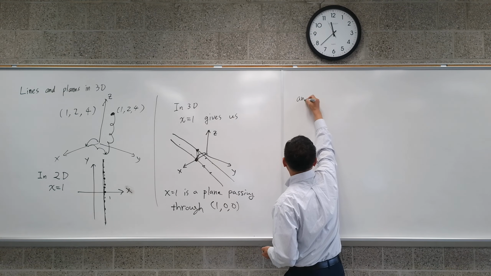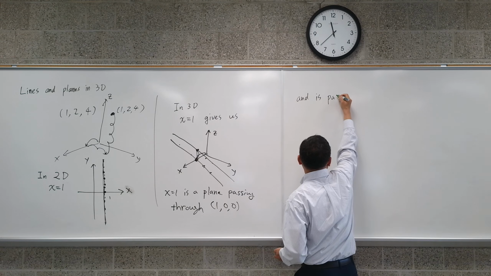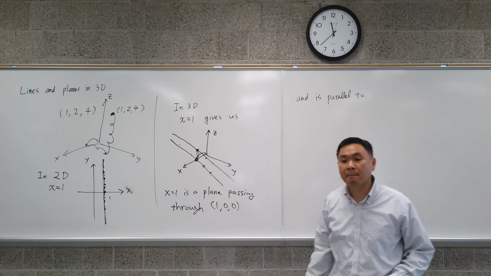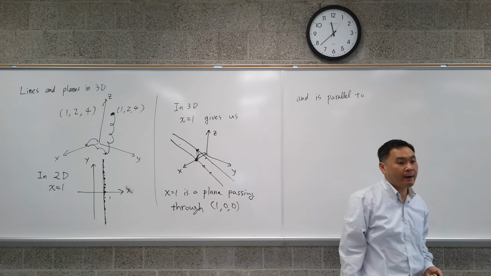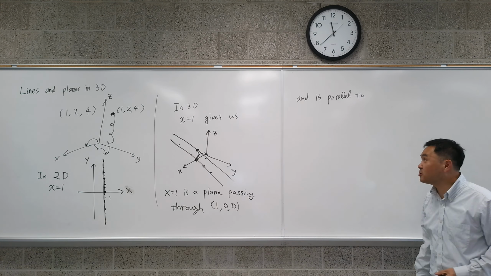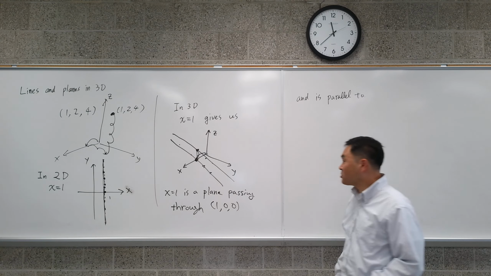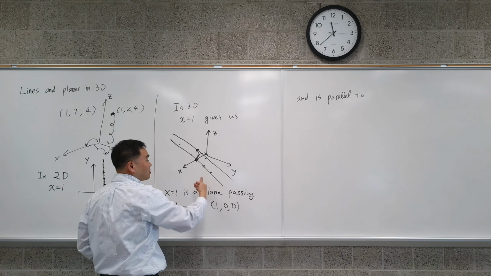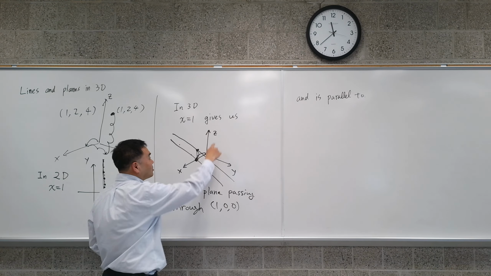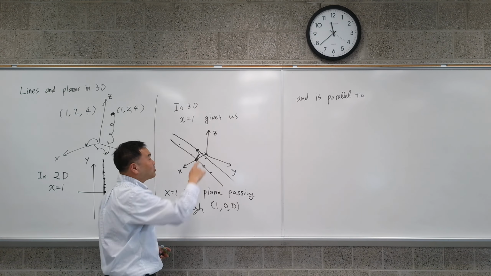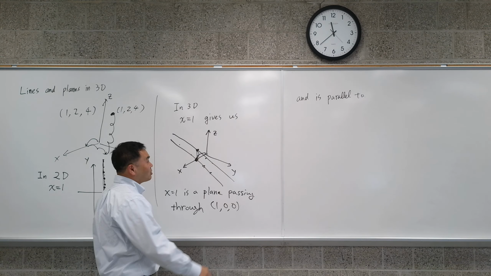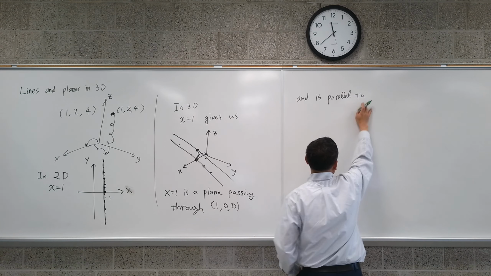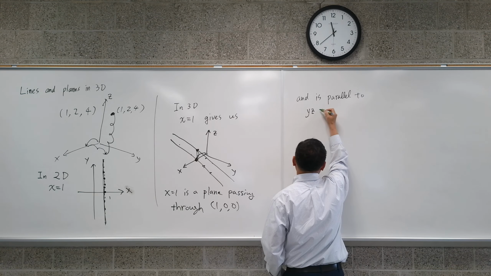And it's parallel to, okay, what's this other plane that this is parallel to? Here's what you have, right? This plane is parallel to the z-axis. It is both parallel to the z-axis and the y-axis. So one way to say it is that it's parallel to the zy plane, or yz plane.